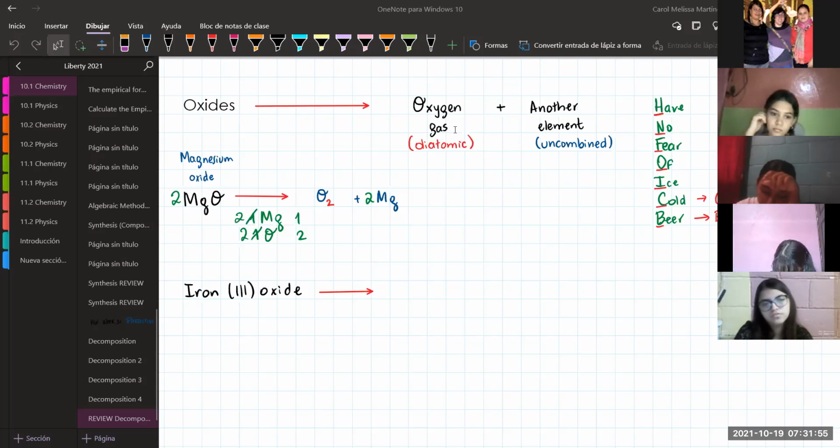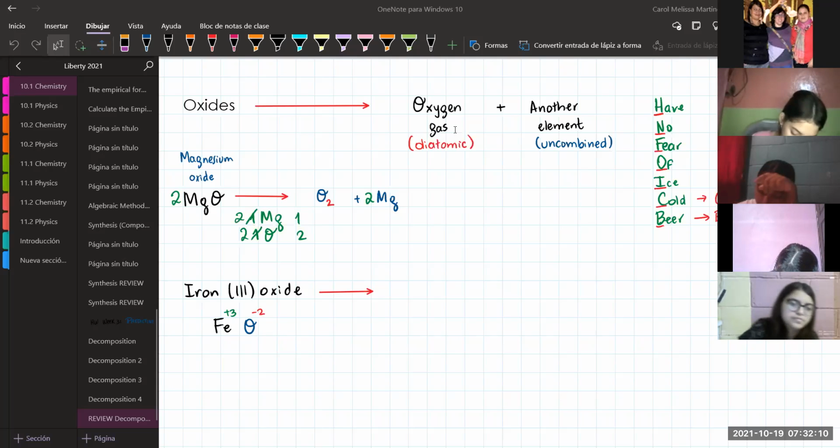Iron 3 is iron with a charge of +3, and oxide is oxygen with a charge of -2. So the first thing that you have to do is crisscross the charges to form the compound. This is the procedure that I already told you.